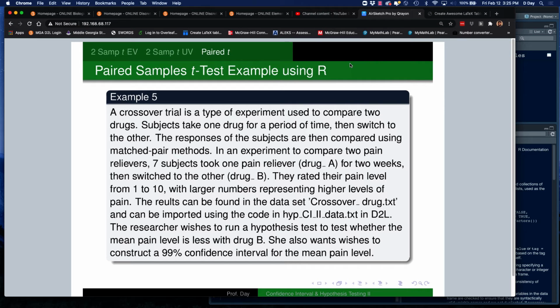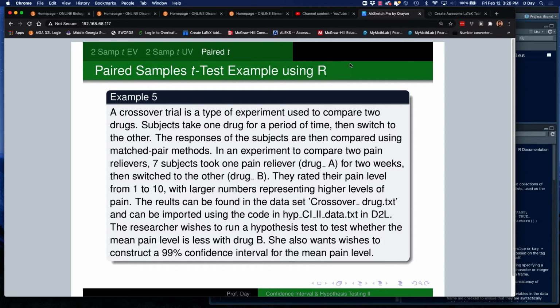In an experiment to compare two pain relievers, 7 subjects took one pain reliever, we'll call it drug A, for 2 weeks, then switched to the other drug, drug B. They rated their pain level from 1 to 10, with the larger numbers representing higher levels of pain. The results can be found in the R code only file.